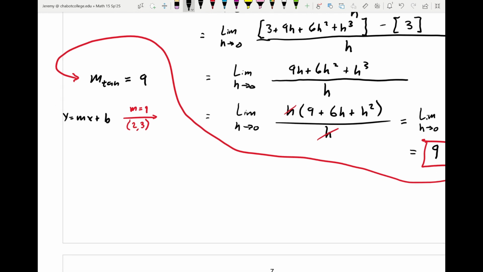So let's plug in 3 for y, 9 for m, 2 for x, and we can solve for b. So 3 equals 18 plus b, subtract 18 from both sides, and I get that b is equal to negative 15. So my answer is going to be y equals 9x minus 15.